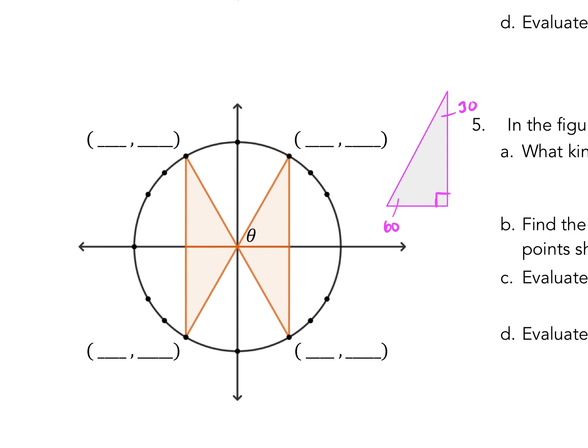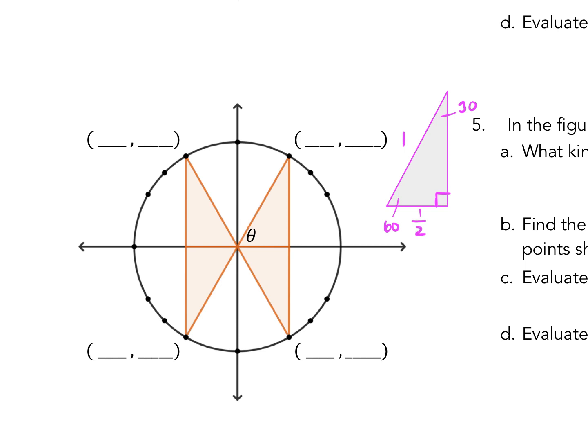I know my hypotenuse is 1, my radius is 1 all the time, so my short side across from 30 is going to be what? If my hypotenuse of a 30, 60, 90 is 1, my short side would be half of that, right? So 1/2 would be the answer for that one.